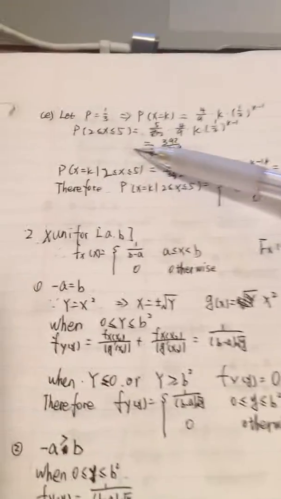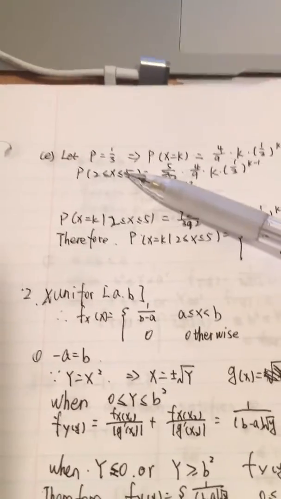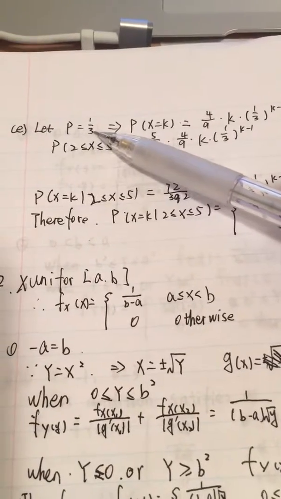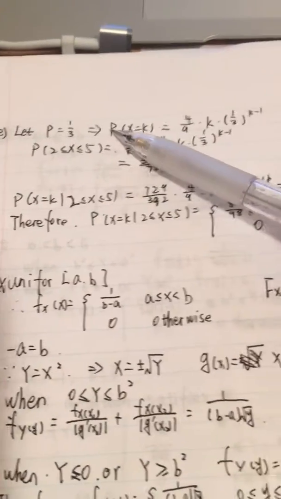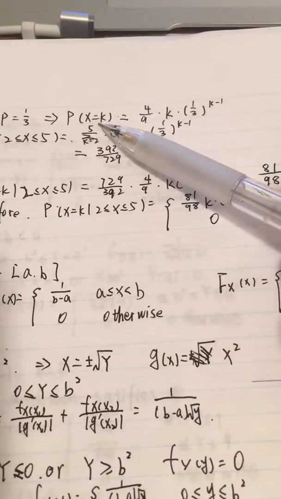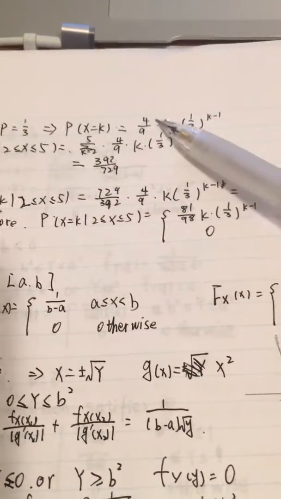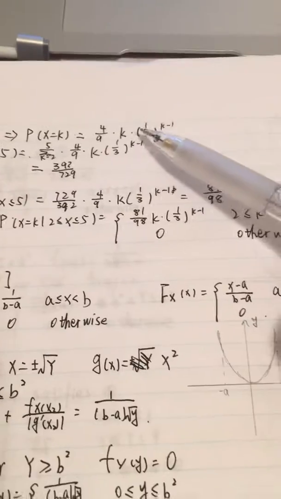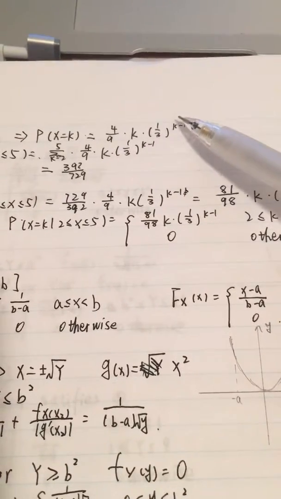And this is the fifth question. Let p equal 1 over 3, we can get P of X equals k equals 4 over 9 multiply k multiply 1 over 3 to k minus 1.